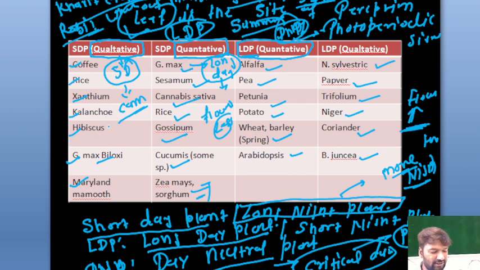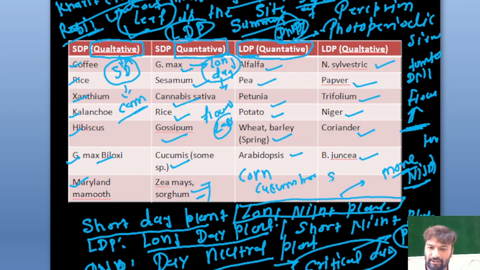In day neutral plants, there are tomato, corn, cucumber, sunflower. They are grouped under the day neutral plants.